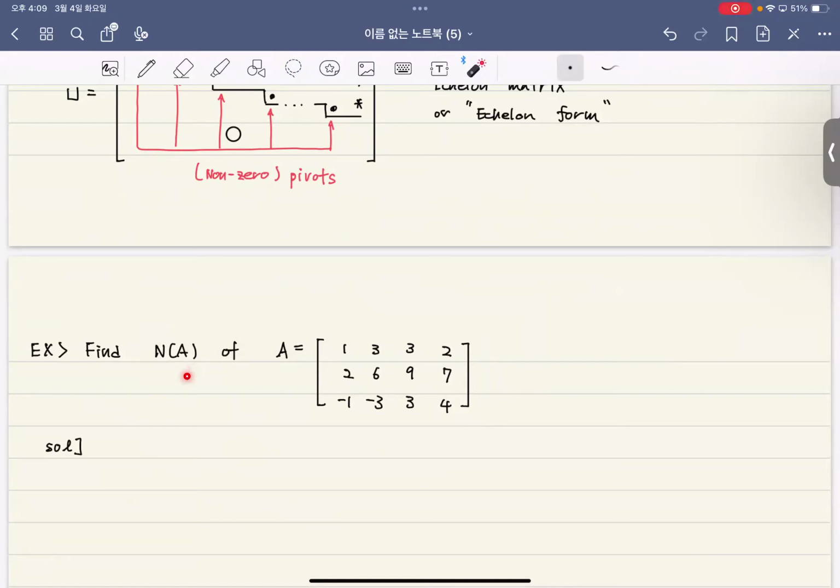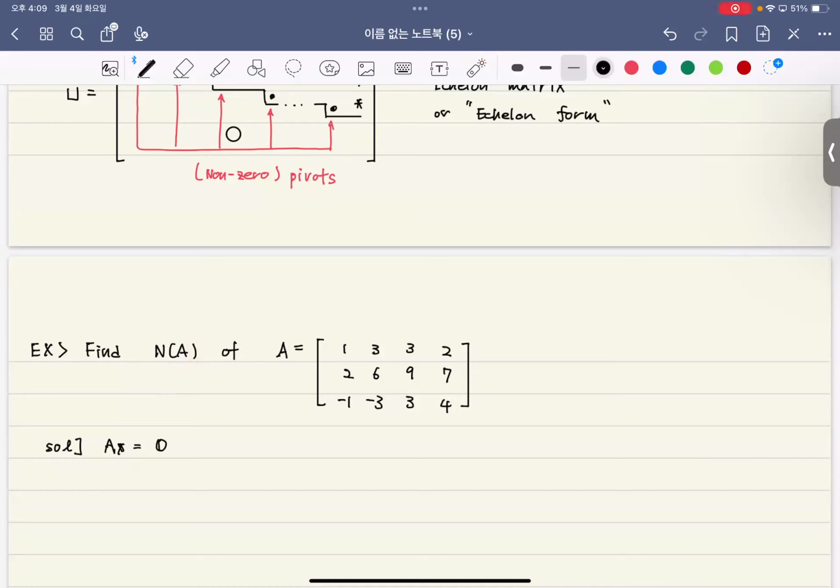Well, to find a null space of A is mathematically nothing but to find all solutions of this system of equations. So if you can find every single solution of this, then you find a null space, okay?